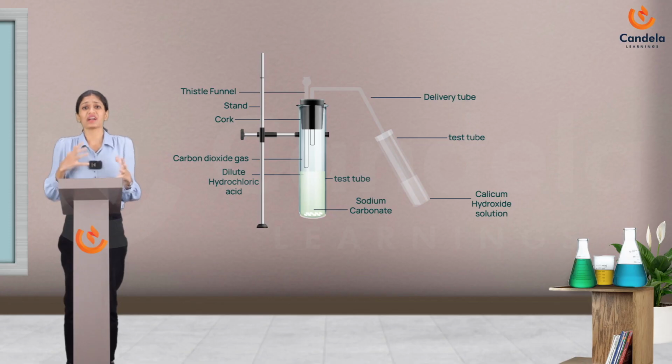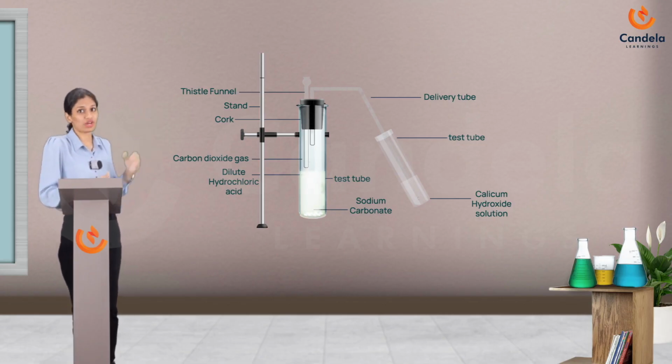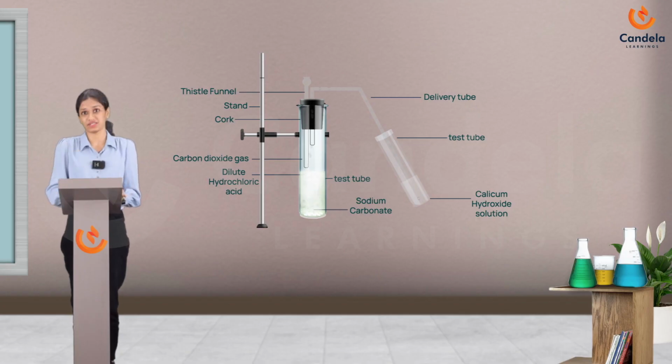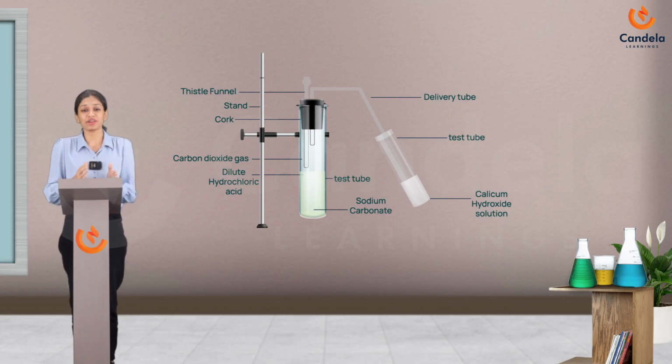You will see a colorless gas evolved with so much effervescence. The gas formed is passed through lime water taken in another test tube. The lime water turns milky white, showing that the gas evolved here is carbon dioxide. It is carbon dioxide that turns lime water milky.